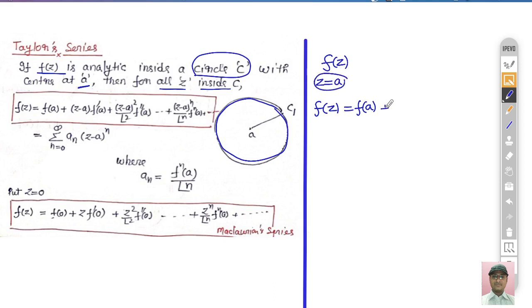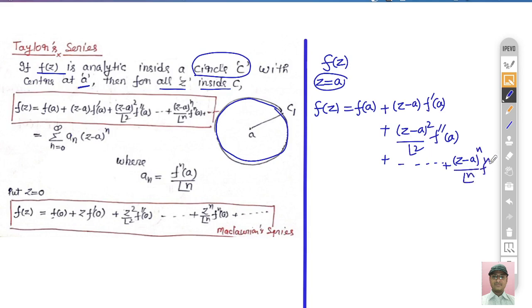So f(a) plus (z minus a) f dash a plus (z minus a) whole squared upon factorial 2 f double dash a plus dot dot dot, we can expand up to (z minus a) raised to the power n upon factorial n f^n(a) and so on.